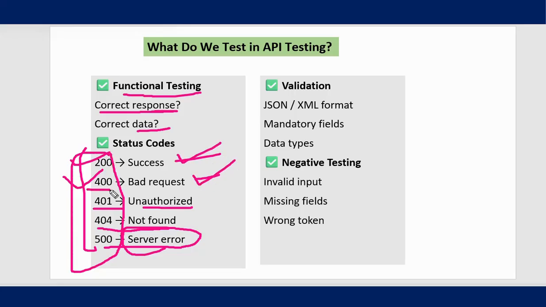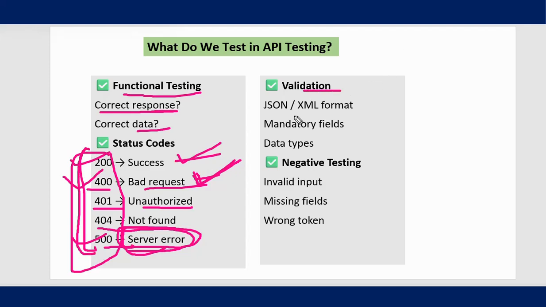Like if we are getting 400, it means it is a bad request, something is wrong in your API, or some other function is not correct, right? Something else is wrong over there. And if the server is down, then we will get this 500. So that's how we have to validate with the status code.